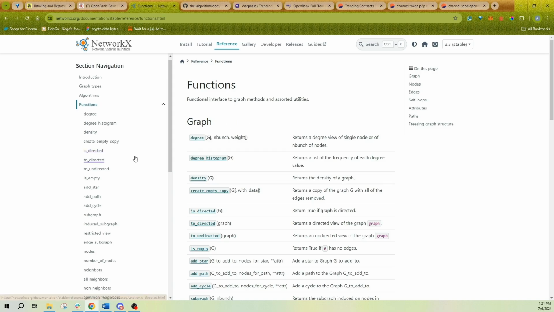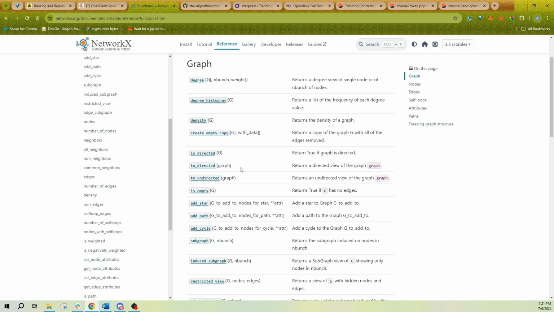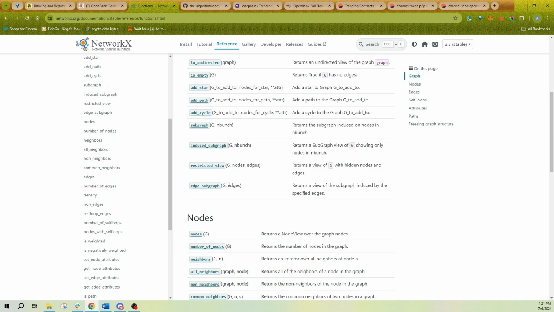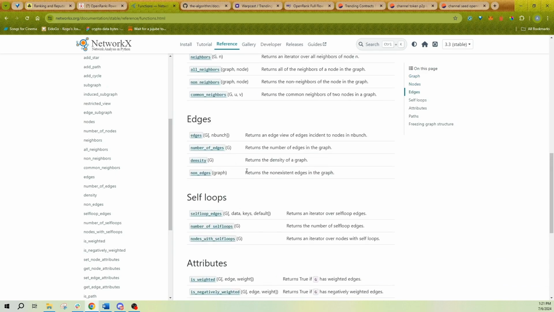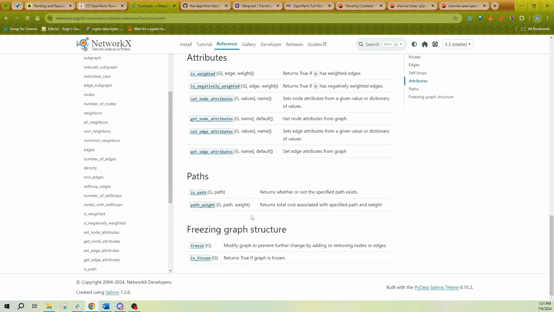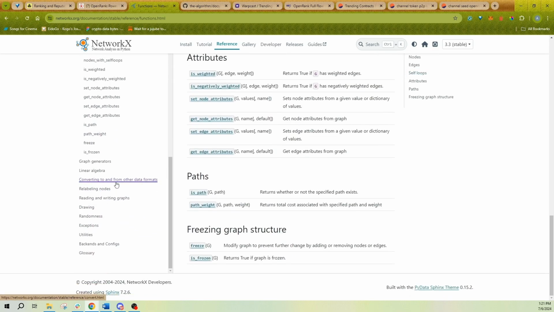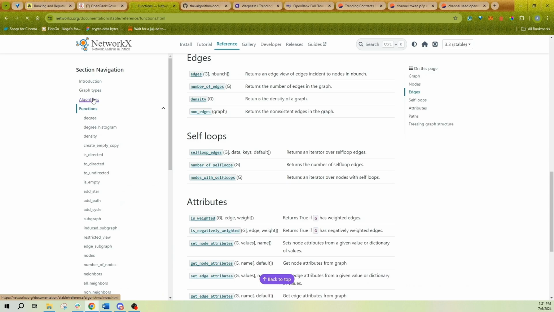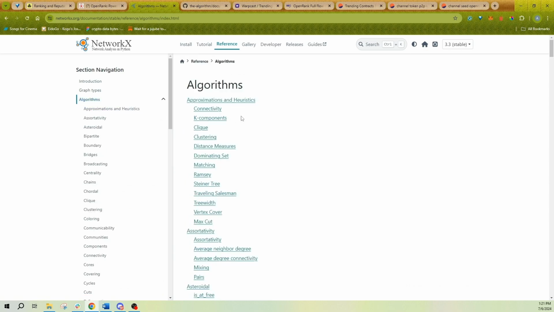You'll see there's a bunch of different functions here for calculating things like degree or density, or the number of connected edges. There's stuff like path weighting. There are all sorts of algorithms here as well for connectivity and clustering. Clustering is like LinkedIn's first-degree, second-degree, third-degree connections.